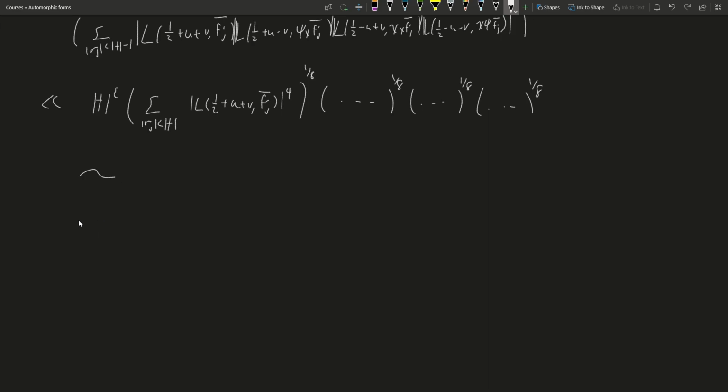So there's this thing called the approximate functional equation. The approximate functional equation is the following. You have this L function, and I'll give Iwaniec-Kowalski theorem 5.3 for this.